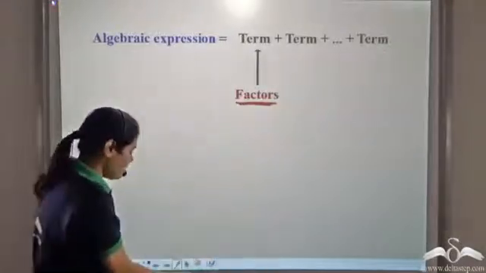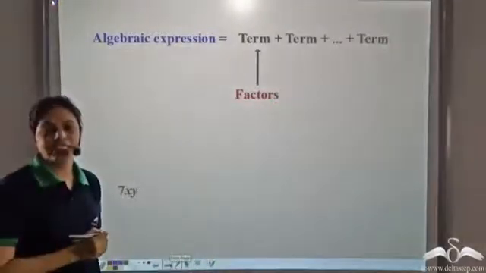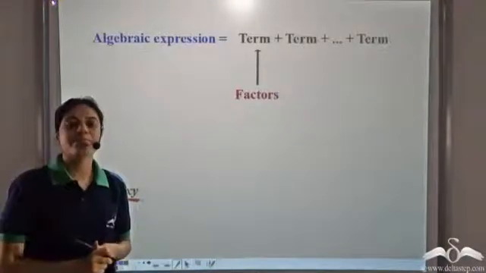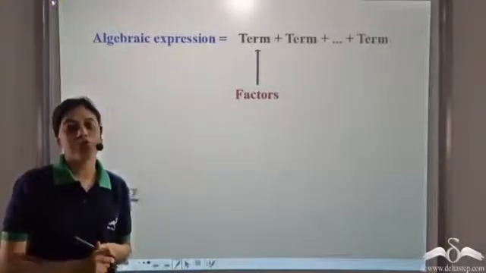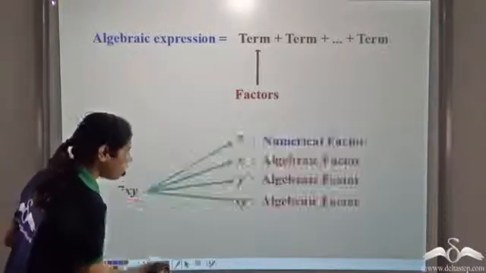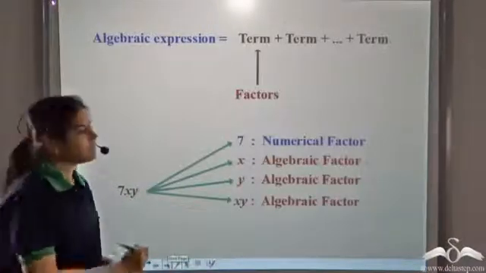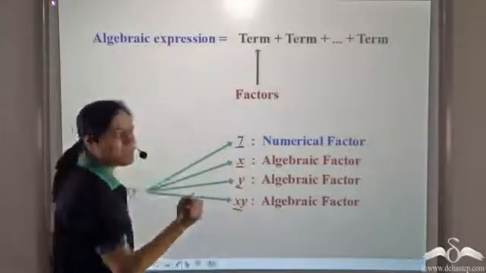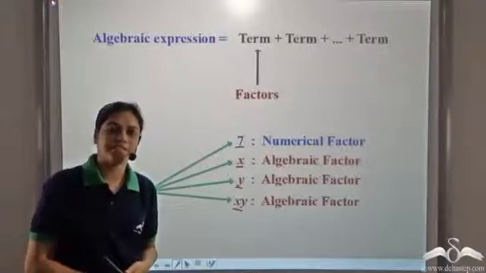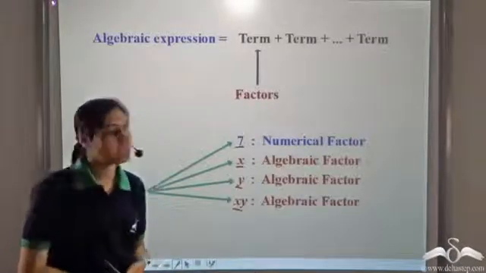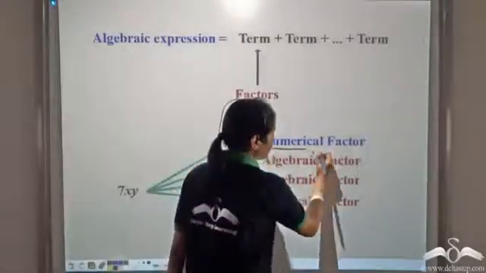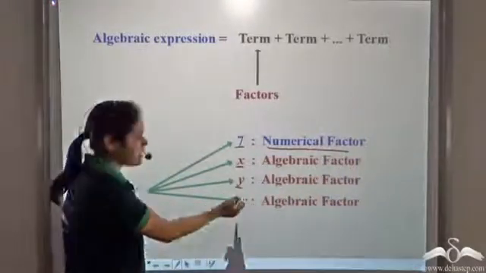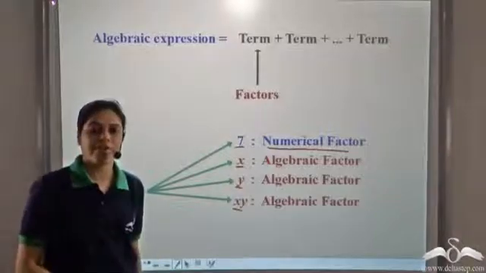For example, consider the term 7xy. So 7xy is a term. It is made up of a product of its factors. What are the different factors of 7xy? 7, x, y, xy. These are some of the factors of the term 7xy. 7 is a numerical factor, whereas x, y, xy are algebraic factors.